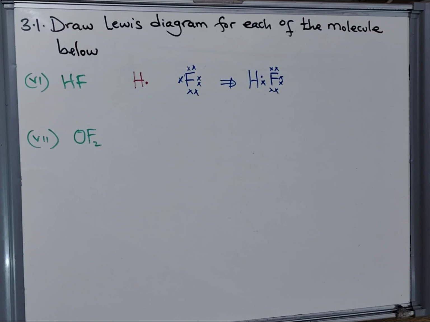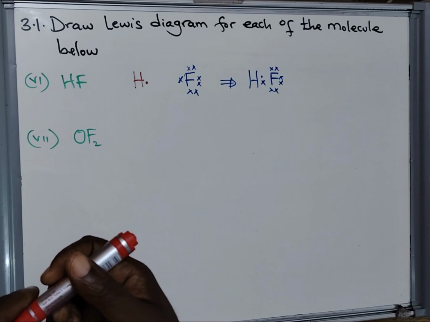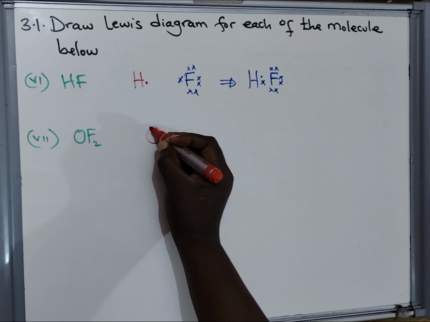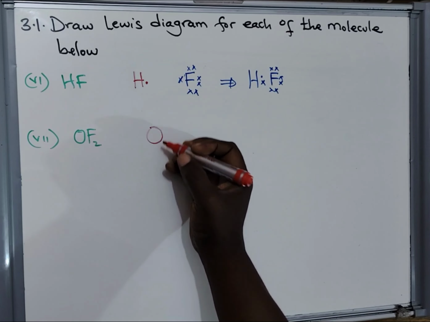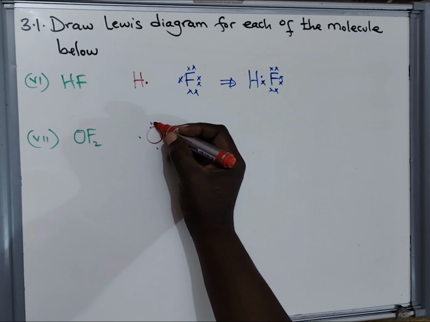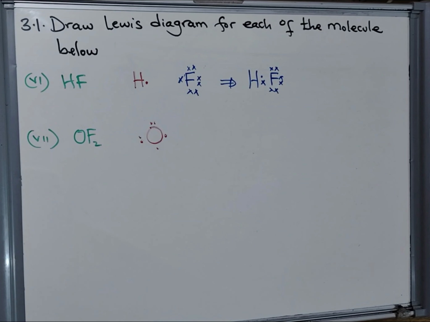Then we come to this one. It says draw the Lewis diagram for each. Here we have oxygen as the central atom. We know oxygen belongs to group 6, so it's going to be 1, 2, 3, 4, 5, 6. What does that mean?